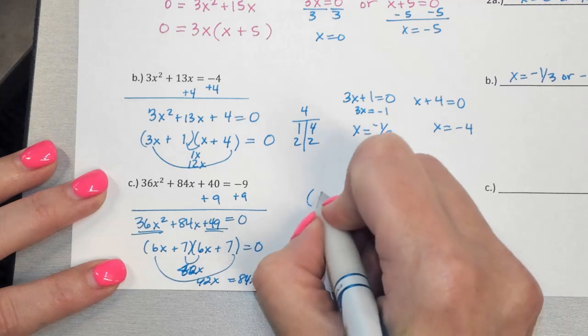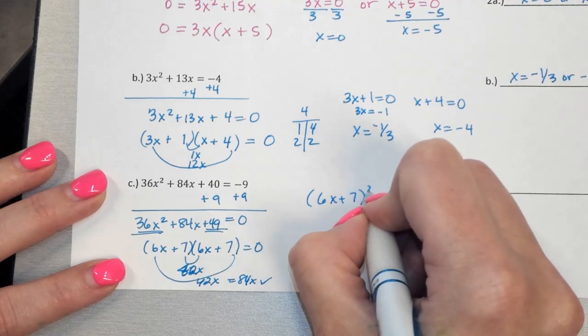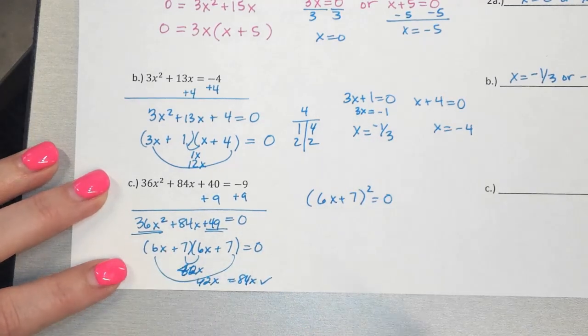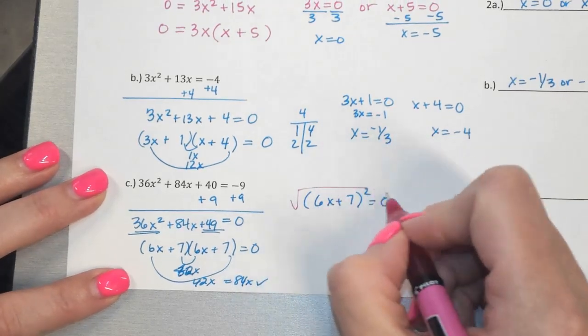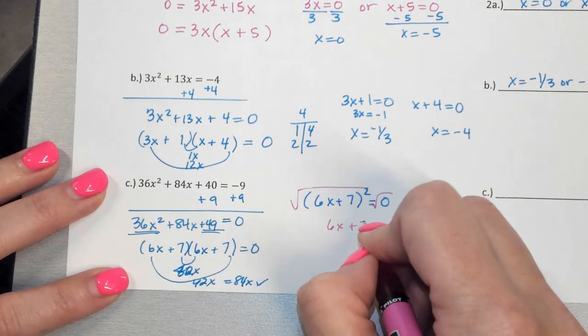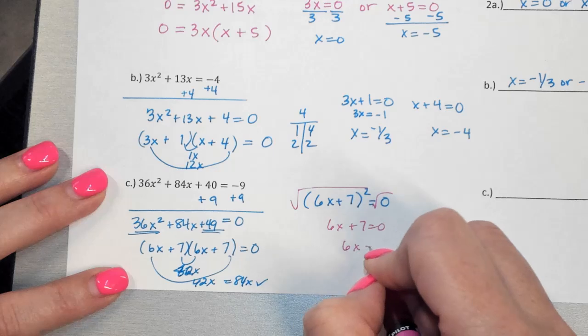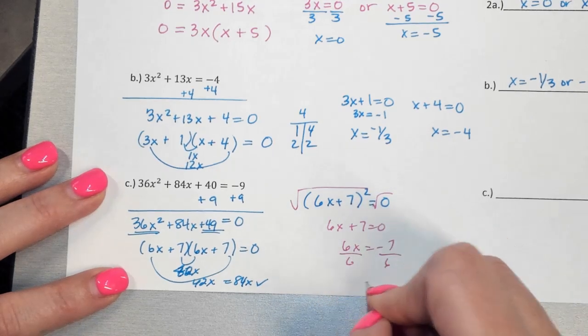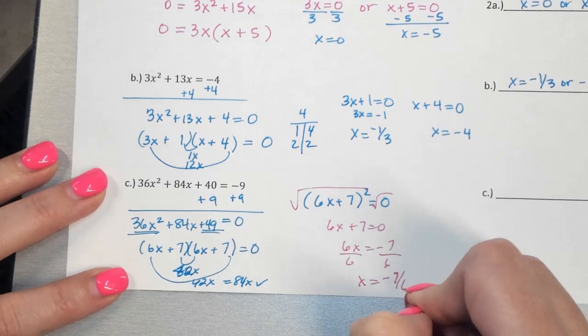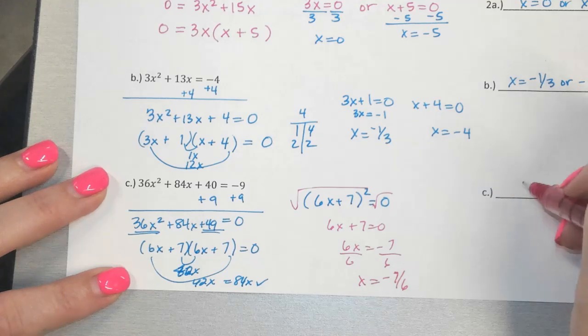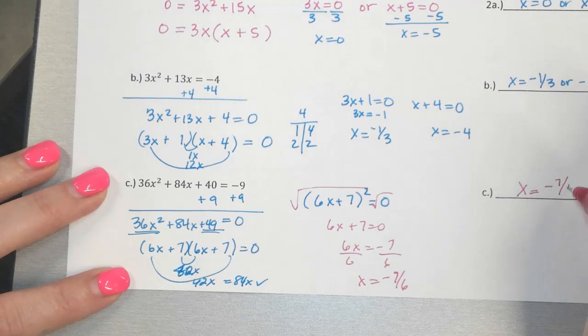And then you can write it like this, or you can set each one equal to 0. It doesn't matter. When you square root 0, you get 0 anyway, and then you divide. Okay, and that's why you only have one solution here, because you have the same value twice.